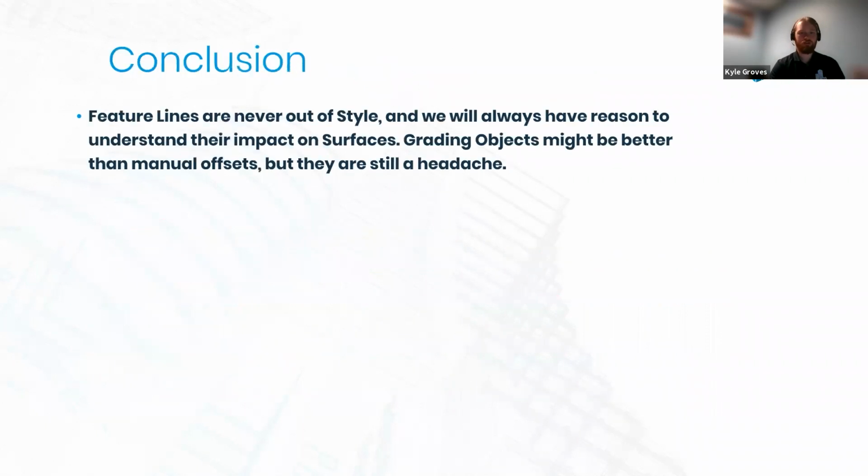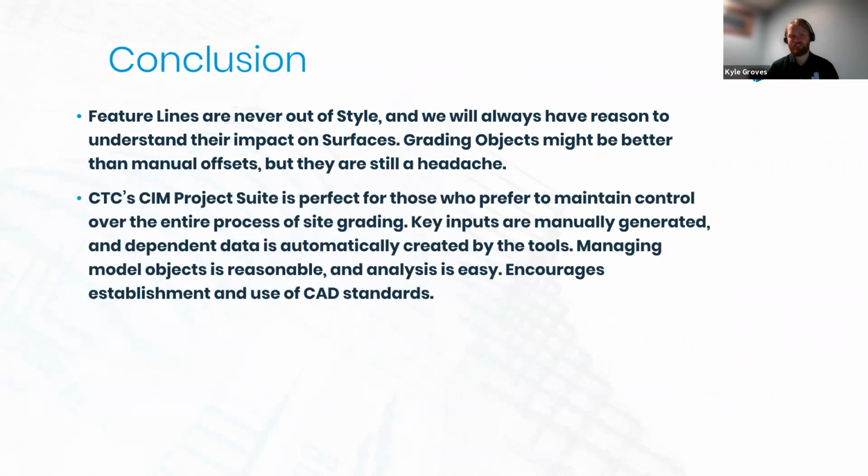So in conclusion, what we learned today is that feature lines never go out of style. We're always going to have a reason to understand their impact on surfaces. Natively, grading objects might be better than manual objects, but they're still a headache. The CTC CIM Project Suite tools are perfect for those who want to maintain control over the entire process of site grading.